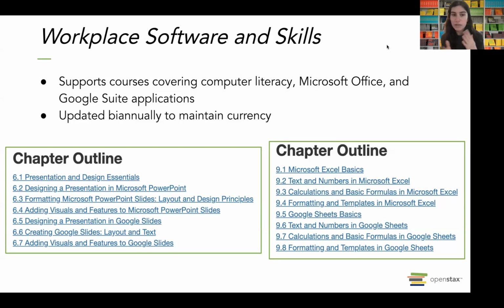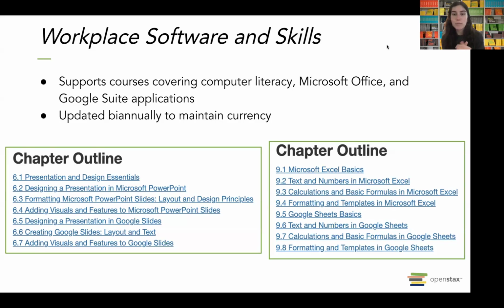You can see how this comes into play in our table of contents and in our chapter outlines. For example, here on the left, we have our chapter about creating presentations. The first section within chapter 6 is about presentation essentials. Then there are a few sections on presentations in Microsoft PowerPoint, and then a few sections on creating a presentation in Google Slides.